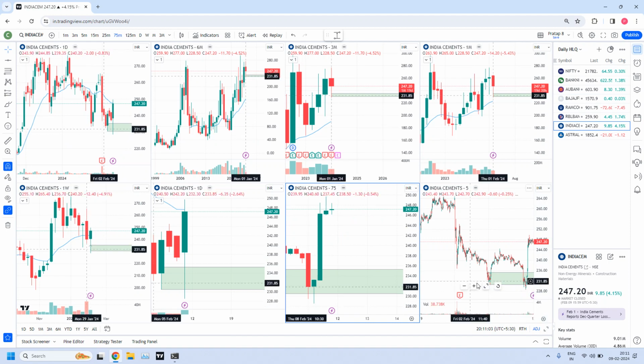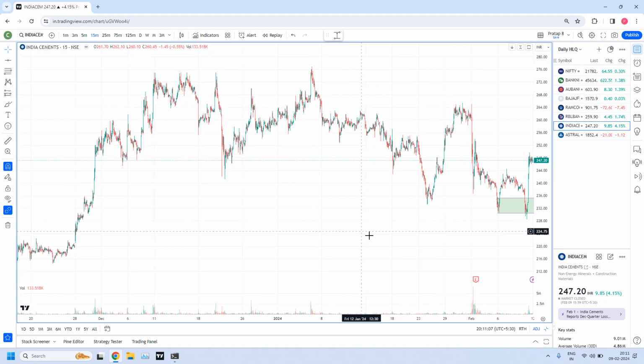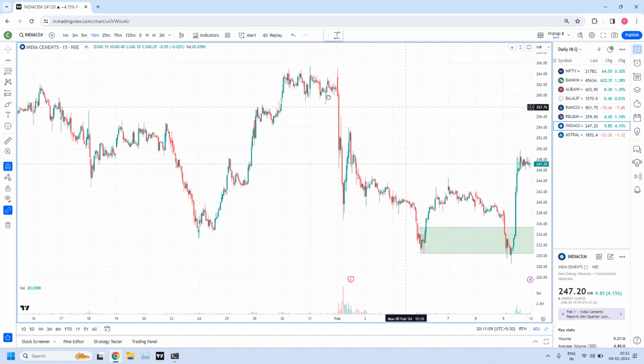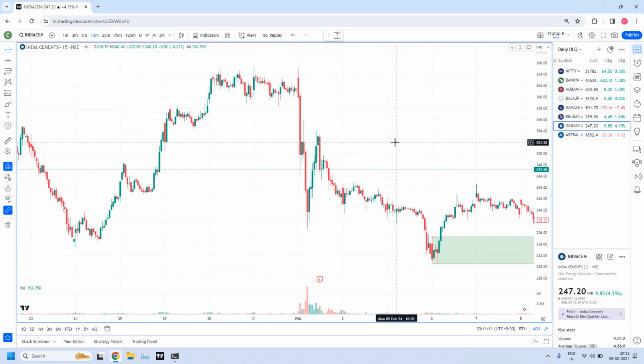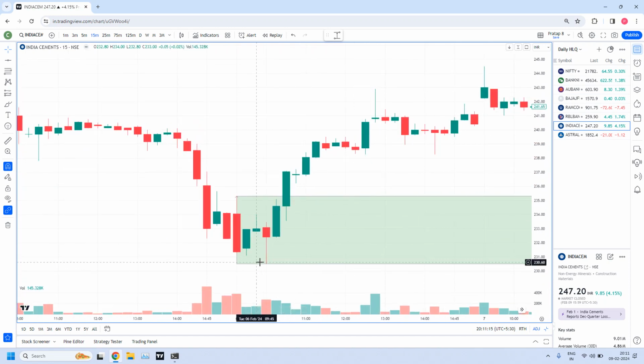Why? How did we predict? Because in the 15 minutes time frame, we didn't find proper price structure. Look into this 15 minutes. We have a rally candle, we have a base candle. Here we have a drop candle, ERC candle. This is supply.